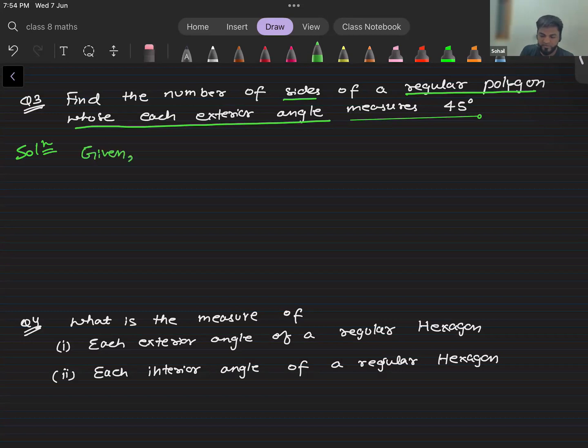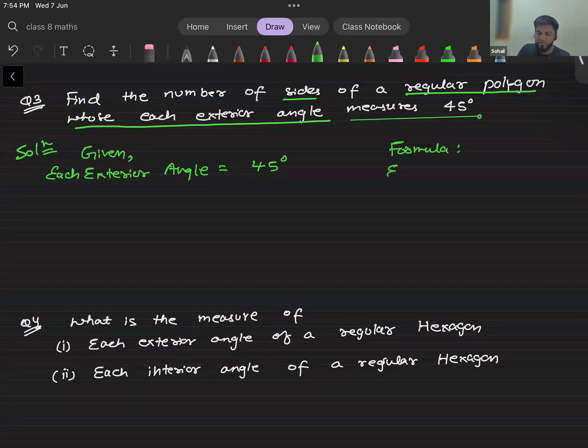First, simply write what is given in the question. Each exterior angle is 45 degree. And the formula to be used, you guys know that.